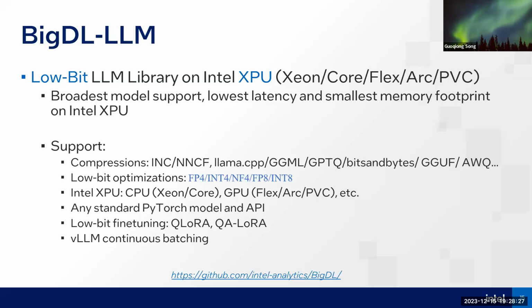Once you find the supported model in the examples on our GitHub, you will find that it has the lowest latency and the smallest memory footprint on Intel XPU. Some people like Llama, some people don't; they like other models, let's say Moss or maybe just GPT, then you can find it from our place.